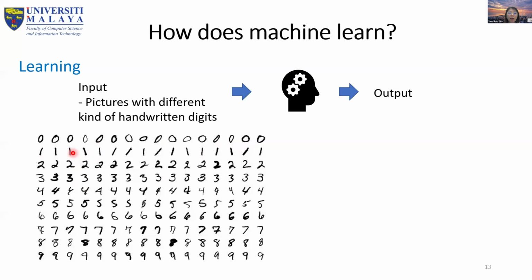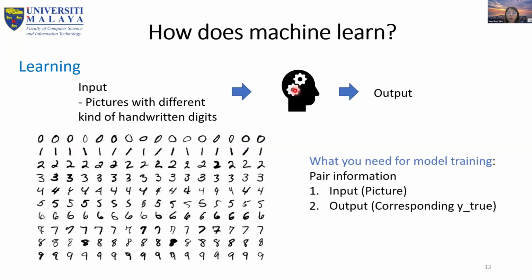We will pass these pictures to the machine: this is one picture of the zero, second picture of the zero, third picture of the zero. We pass all these pictures with the labeling, which says this picture is zero, also called Y true, to the machine. This is what we need when we ask the machine to learn.